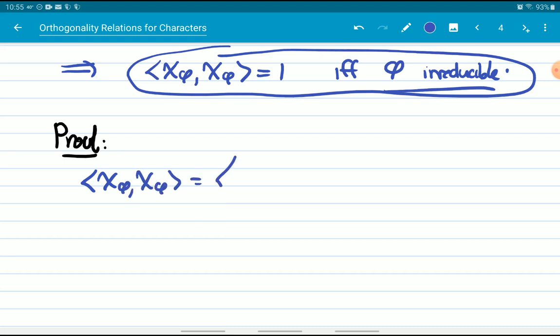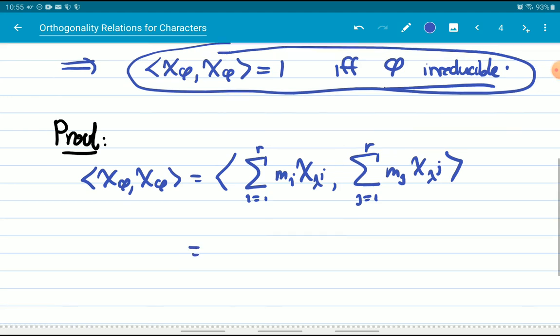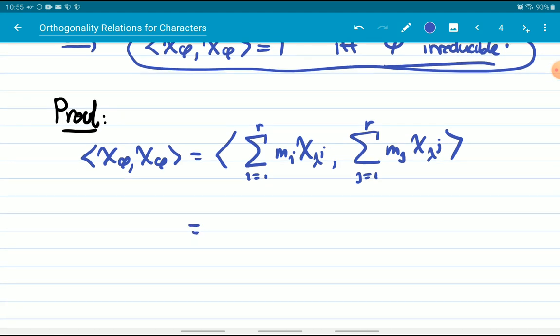So the formula is just a calculation again. So these are each a sum, as i goes from 1 to r, of the multiplicities times the character of lambda i. Do it again. We can pull this out of the sum because the inner product is biadditive, so we'll get a sum over both i and j, mi mj.